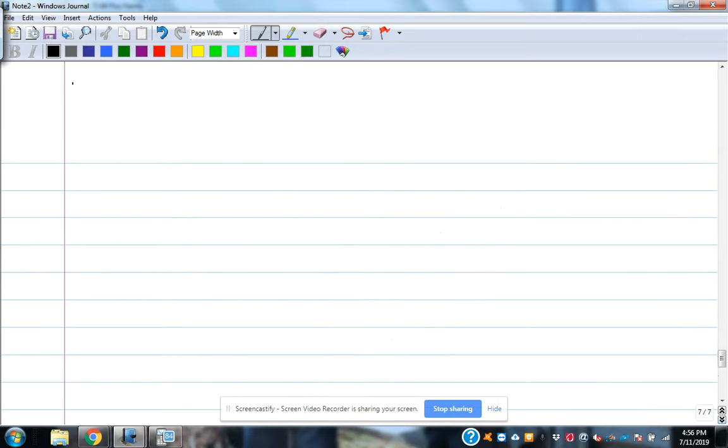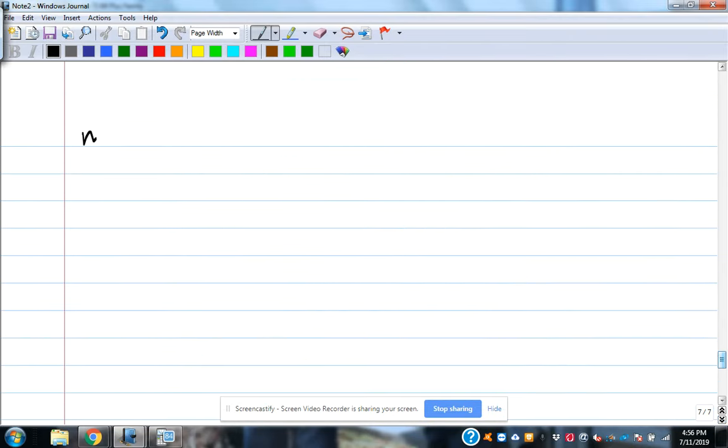So the last thing, letter L, is an equation. Looks bad, but it's not. This is an equation that has absolute value on both sides.